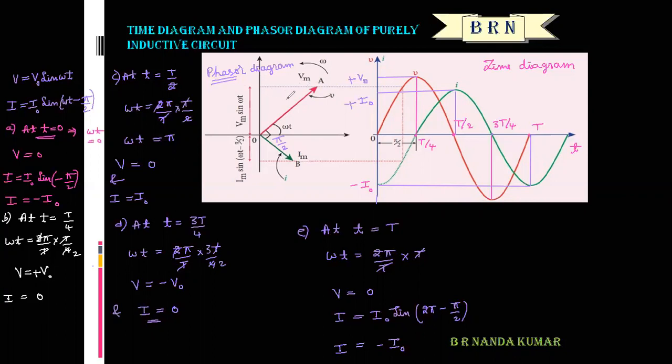That is the peak value of voltage. So in purely inductive circuit, the current and voltage are not in phase, that is out of phase. Current lags behind the voltage by angle pi by 2 radian, or voltage leads the current by angle pi by 2 radian. So this is the phasor diagram. This one is the time diagram of purely inductive circuit.